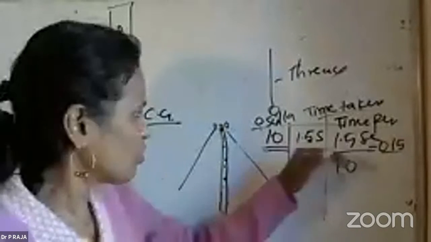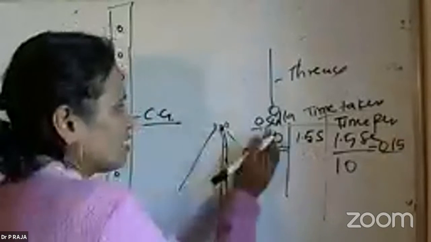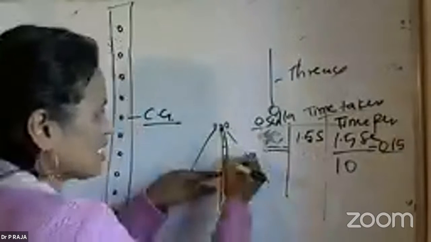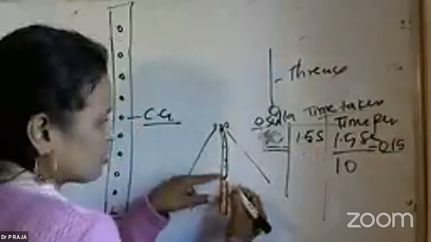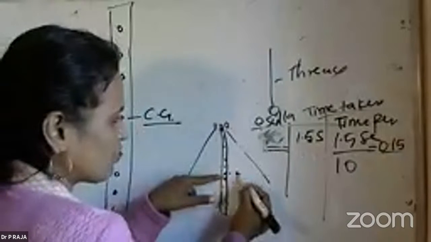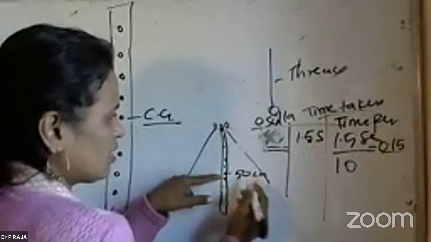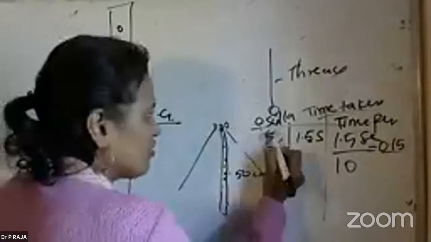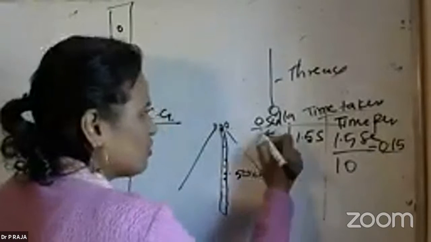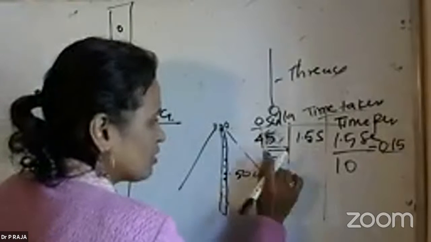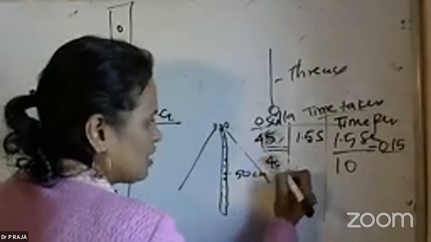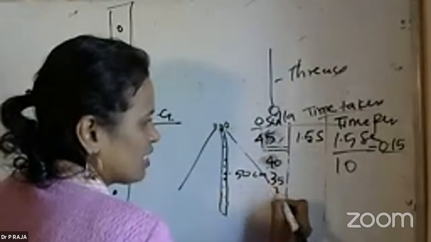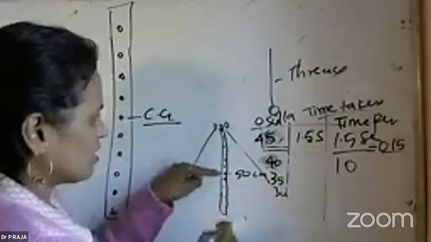So you will note down the time period, and here the distance from the center of gravity, you will take it. The center of gravity will be at the 50th centimeter. So from here this will be 5 centimeter, 5, 10, or it will be 45, 40, 35, 30, like that it will go.